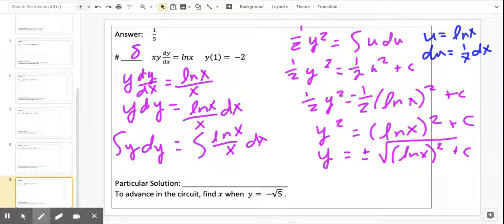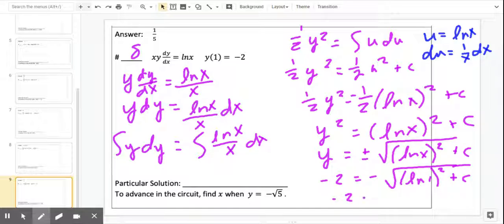Now we need to find our particular solution by plugging in what they give us here. So y of 1 equals -2. So -2 equals, since it's negative, we're not going to use plus, we're going to use minus, natural log of 1 plus c. Now that's very convenient because natural log of 1 is 0.